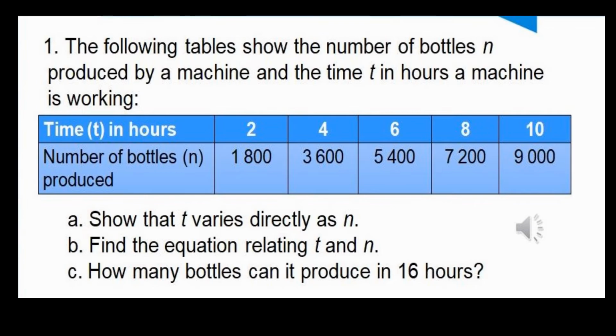At the second row is the number of bottles produced: 1,800, 3,600, 5,400, 7,200, and 9,000. Questions. Letter A. Show that T varies directly as N. Letter B. Find the equation relating T and N. Letter C. How many bottles can it produce in 16 hours?